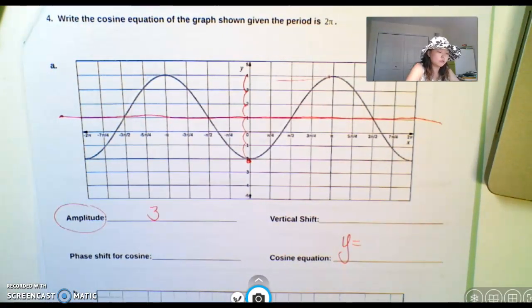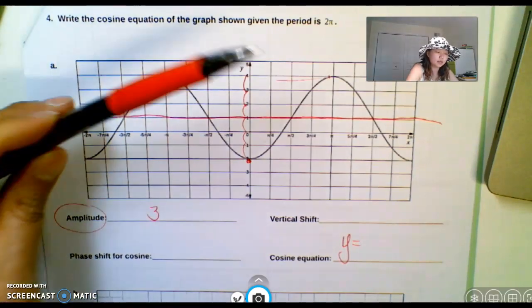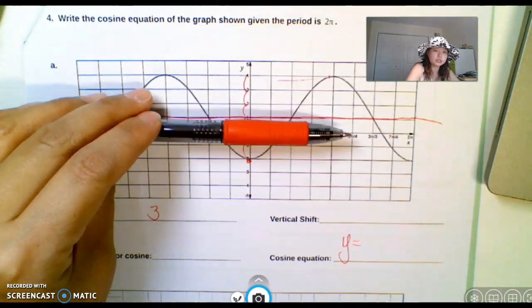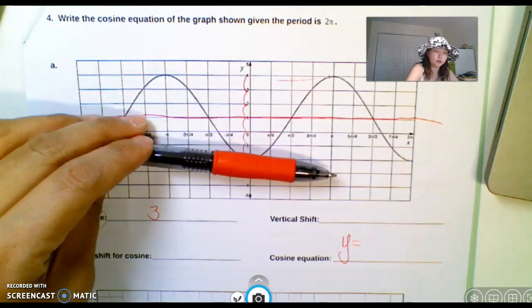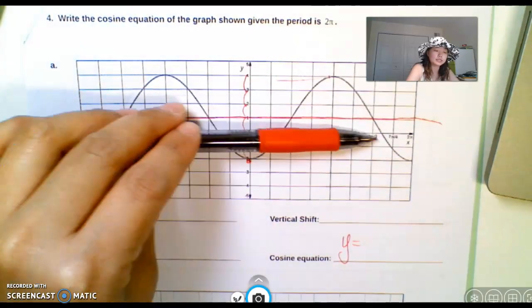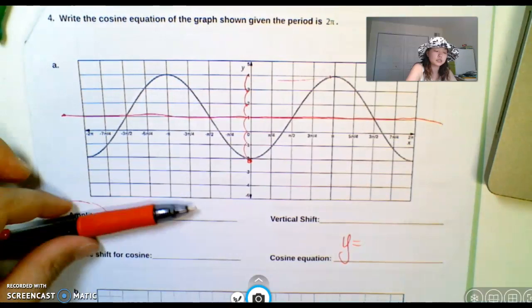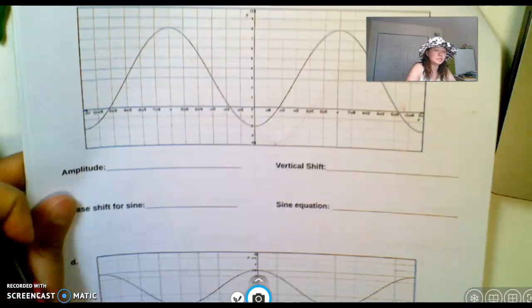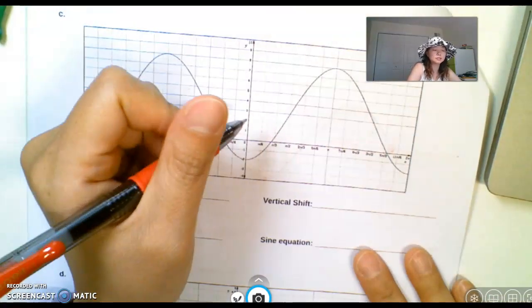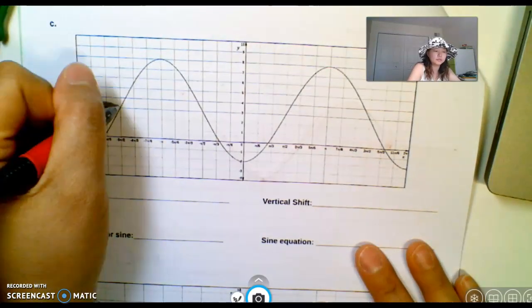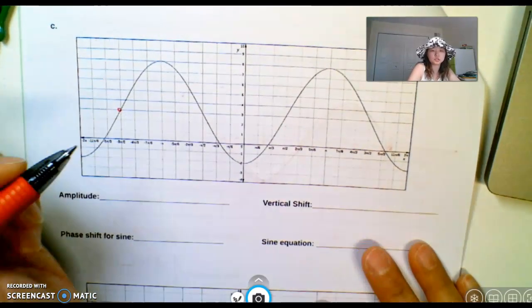Now, to figure out the vertical shift, we should always focus on the middle line. The middle line shows which direction it went, up or down. Normally the middle line should be the x-axis. Yesterday we did it a little bit differently, but that's because the sine graph always starts from the middle line anyway, so that's why it worked.